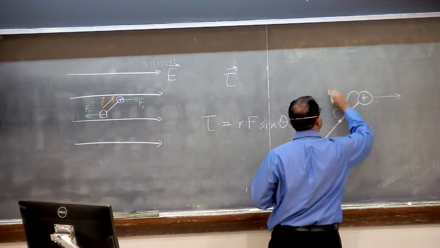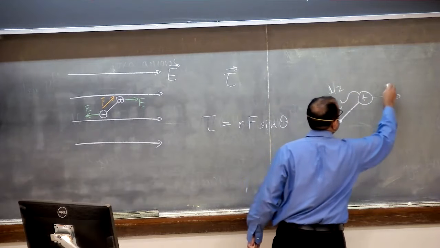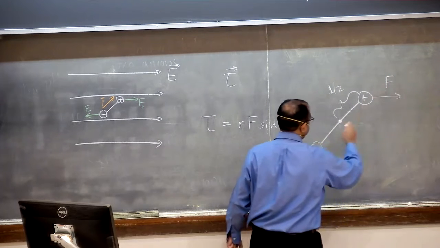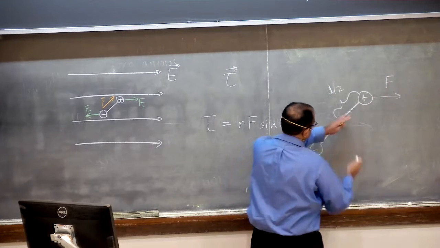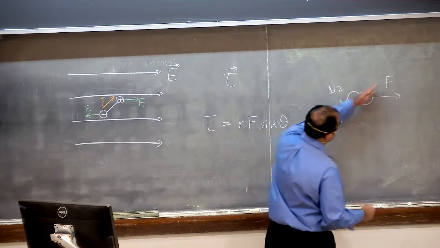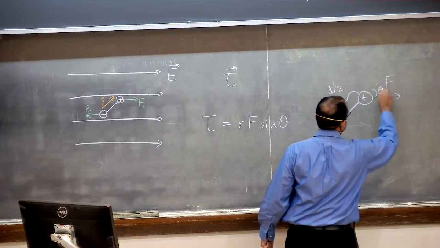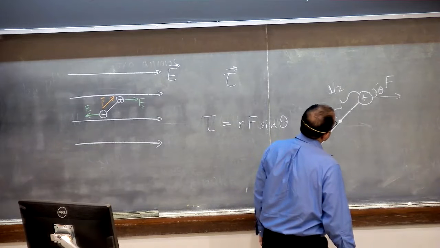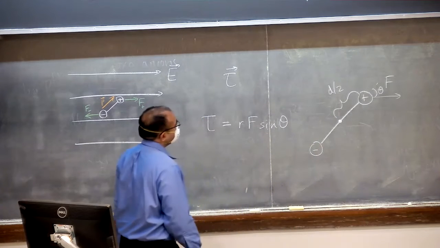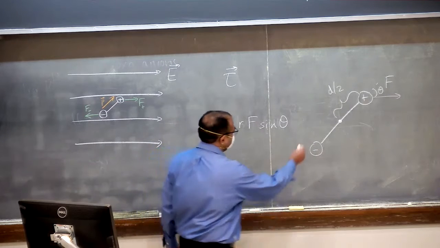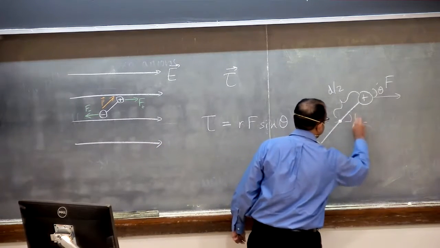We know that this distance is d over 2. The force is here, and then the angle. So remember, it's r cross F. So r would be pointing like this. So this angle would be theta, which would be the same as this angle.